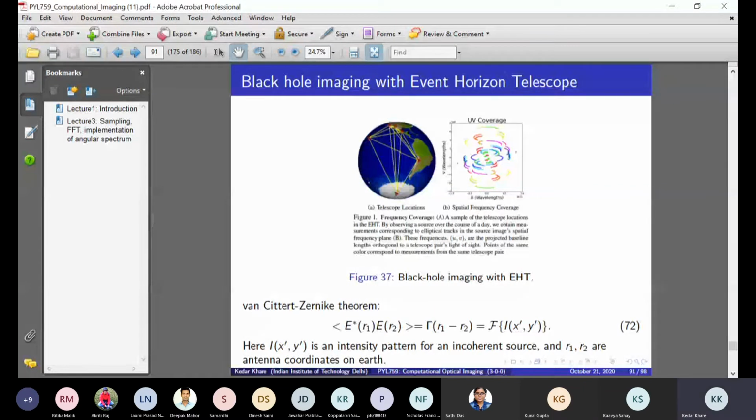Who wants to take a chance? So suppose I could cover only a small area in this Fourier space versus I cover a much larger area in Fourier space. What is going to be the difference? Sir, we have more information. Well, clearly more information, but what is it going to do to the image that I recover?